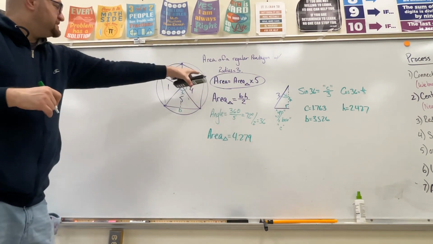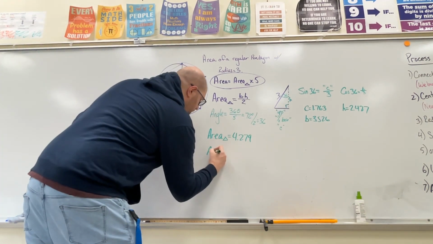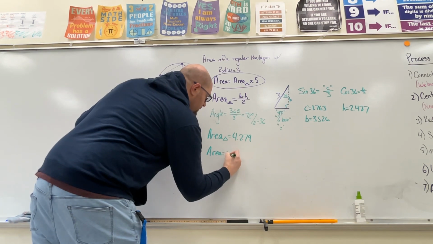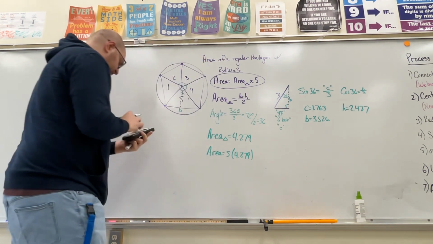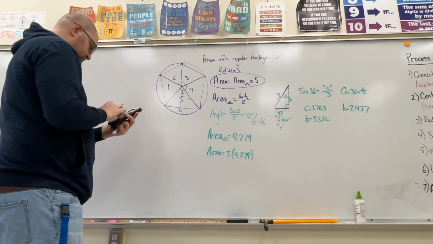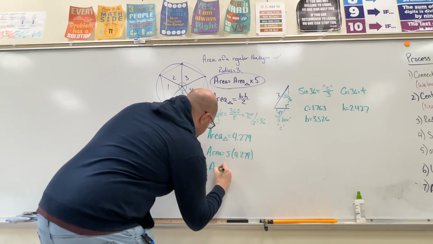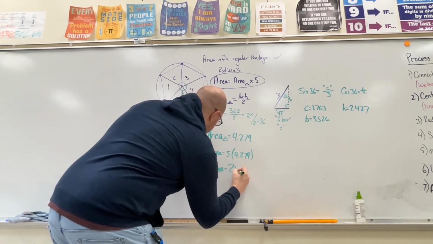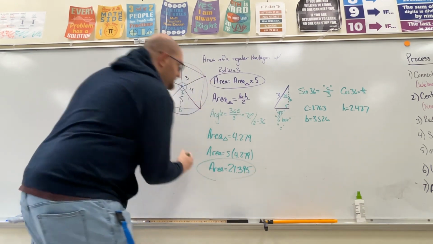Now, because the area of the pentagon is 5 times the area of the triangle, I want to multiply this by 5. I put that in my calculator, and I get my total area is 21.395. And that's how we solve this problem.